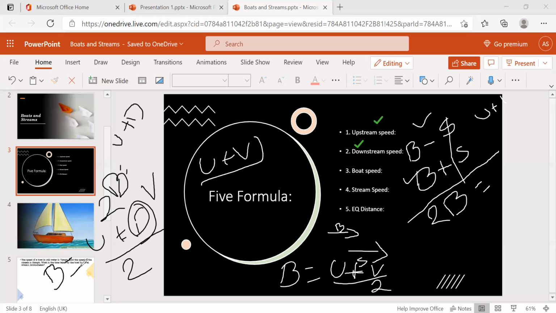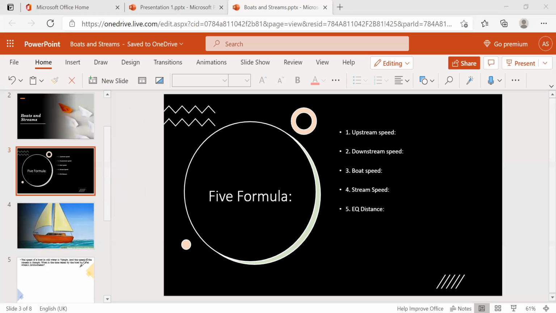What is u? b minus s. What is v? b plus s. v represents the downstream speed. If you add these, the s gets cancelled, and 2b equals u plus v, then b equals u plus v by 2. So the formula for the boat speed is u plus v by 2.